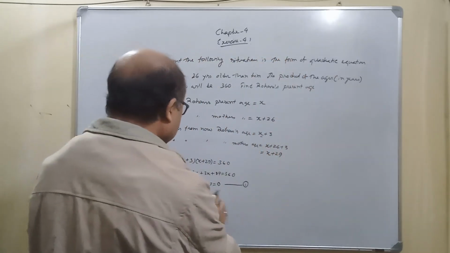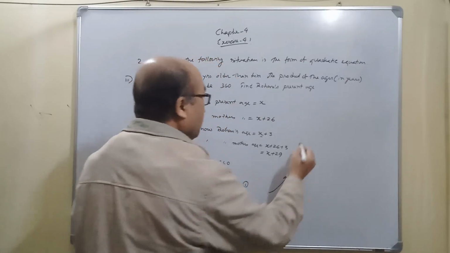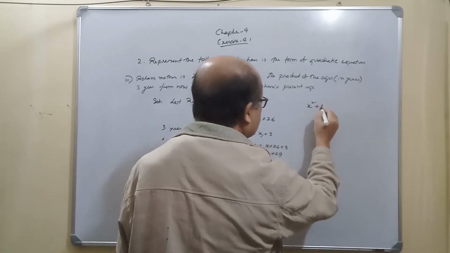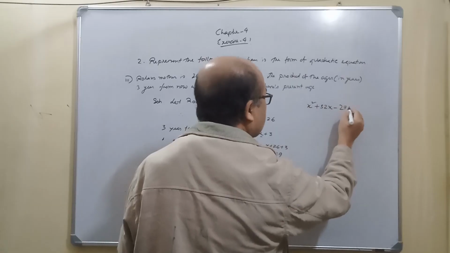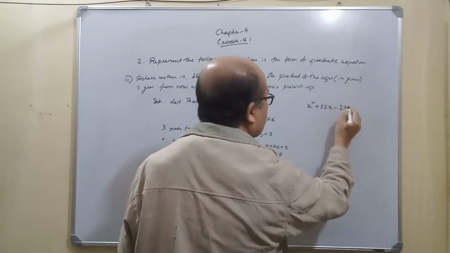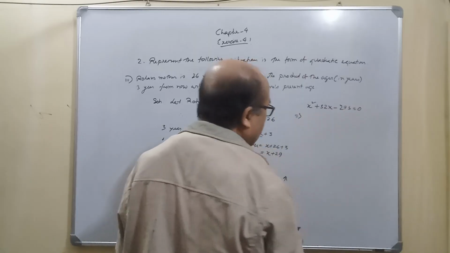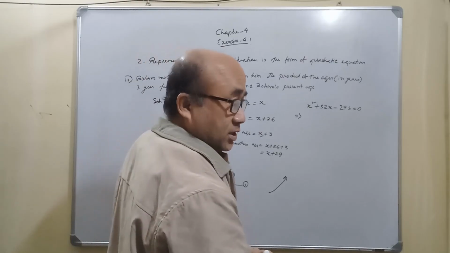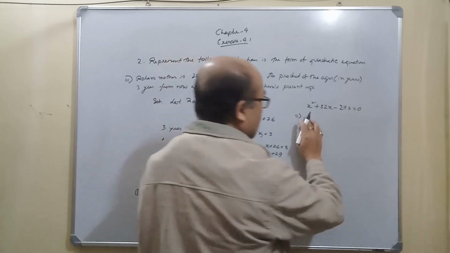This is the equation and we need to solve it. We get x square plus 32x minus 273 is equal to 0. So we will solve it by factorization. So we need two numbers.